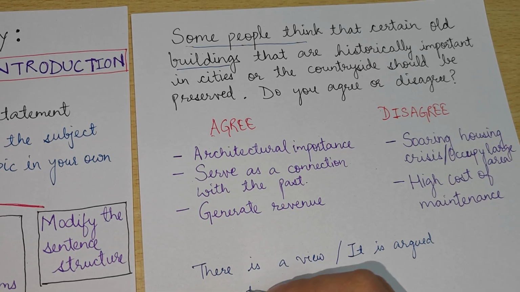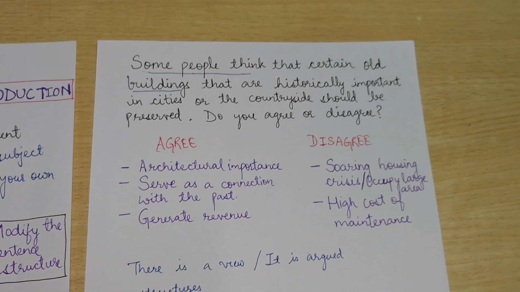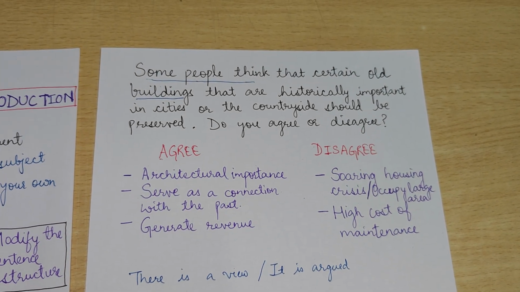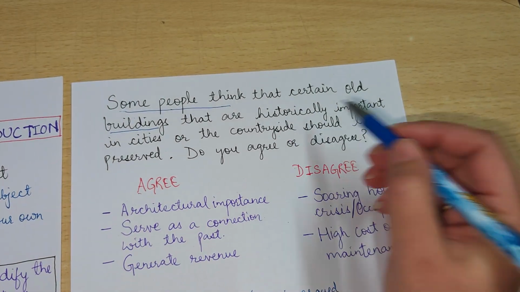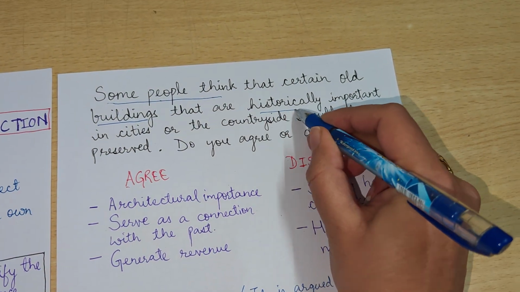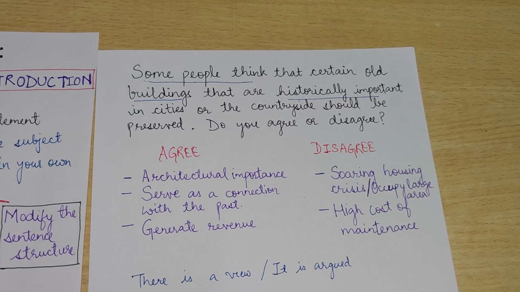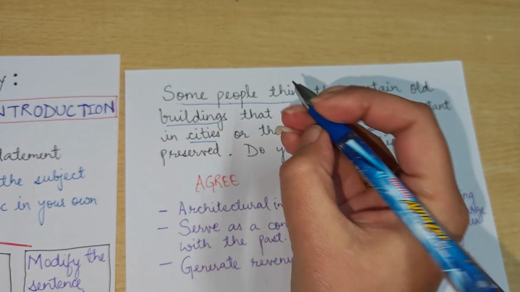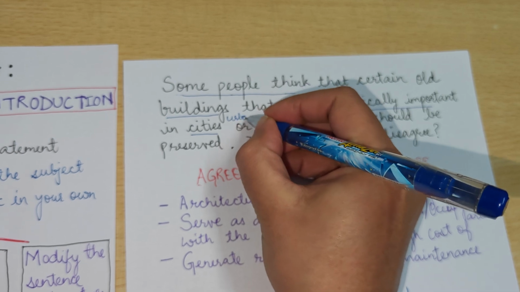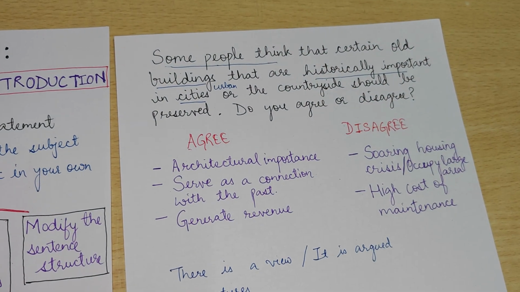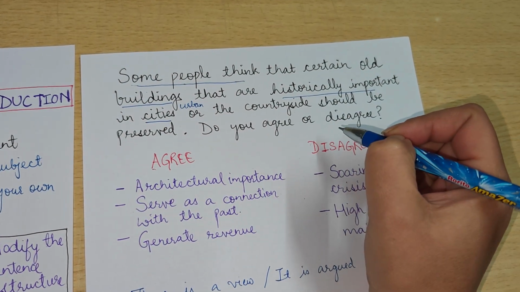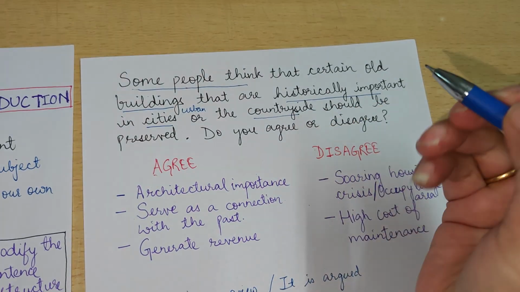Then for that are historically important, we will be changing this expression. In cities or the countryside: for cities, we can use the word urban areas, and for countryside, we can say rural areas.